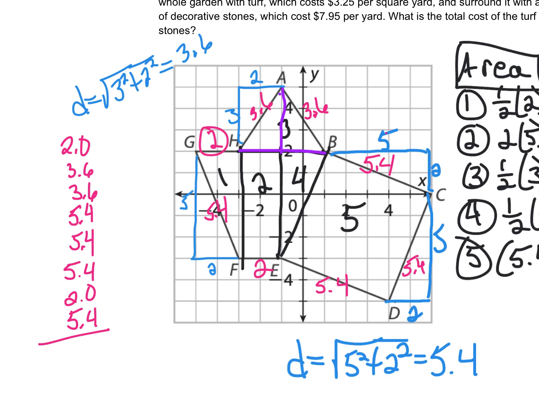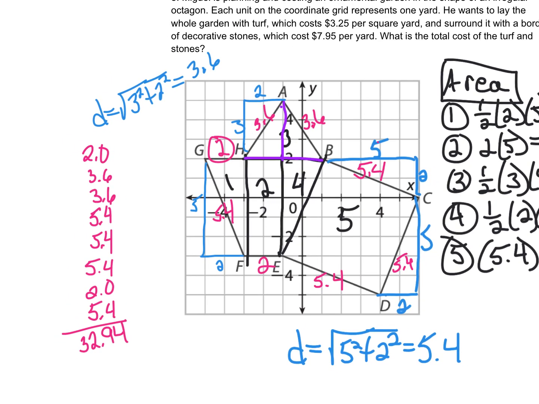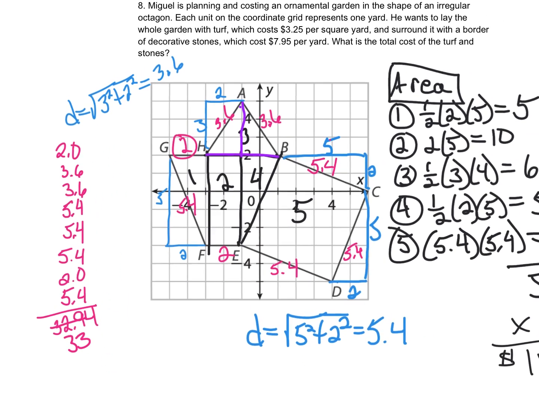Okay, I got 32.94. Oh, I messed up something. All right, we're just going to call it 33. And I hit my calculator wrong, but I don't care. We're just going to call it 33.